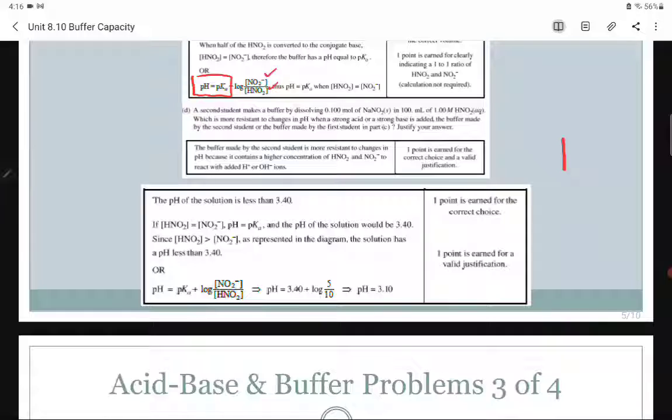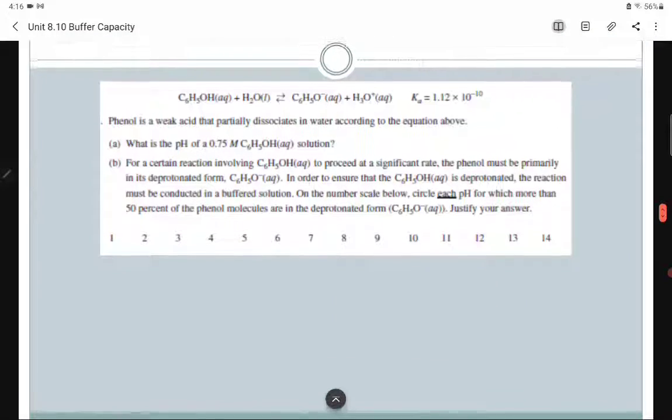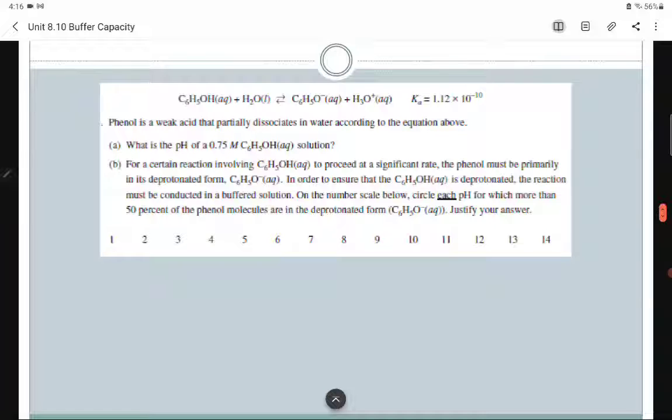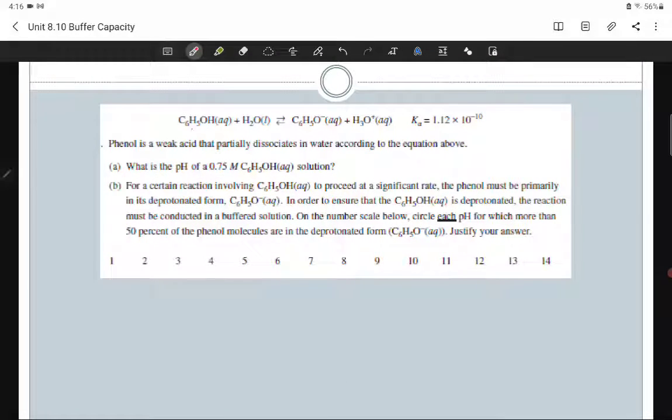Let's get a couple more questions. Okay, we have phenol, so that could be our HA, and here is our A minus, and we have a Ka. It says, what's the pH of a 0.75 molar solution? So Ka equals x squared up top, 0.75 on the bottom.